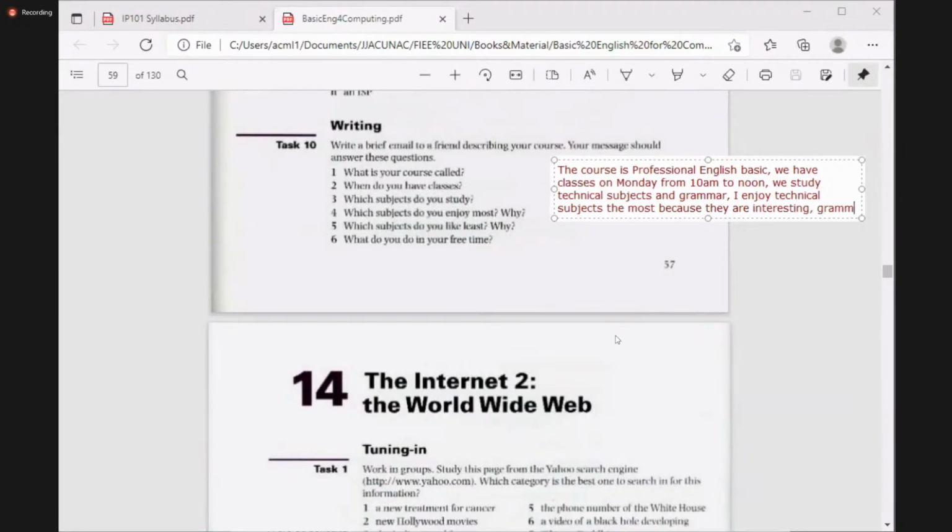Grammar can be a little complex, but manageable. Manageable means manejable.